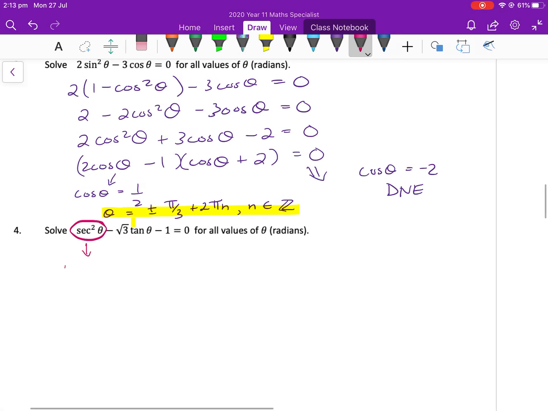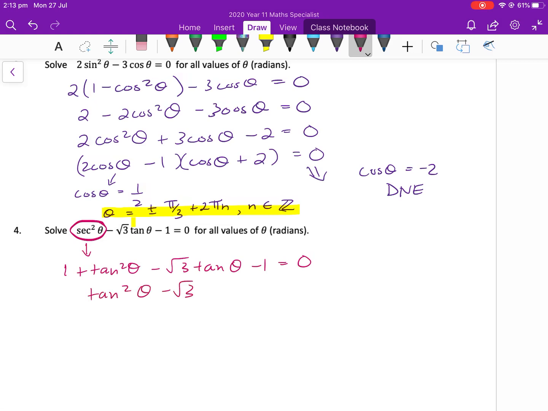Okay, so I'm going to replace sec squared theta with 1 plus tan squared theta here. And now I've got it all in terms of tan. Once again, I can see that I've got the format of a quadratic almost. But the plus 1 and take 1 are going to cancel. So I'm going to take out a common factor of tan theta, which will leave tan theta minus root 3.